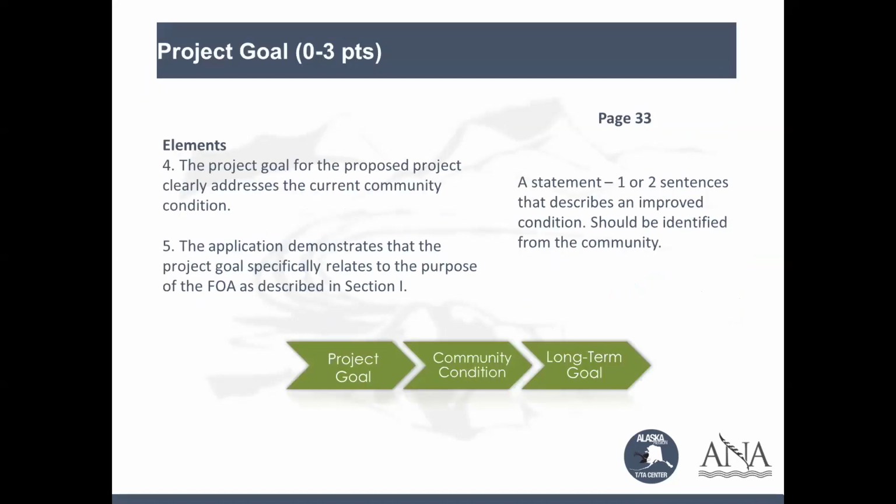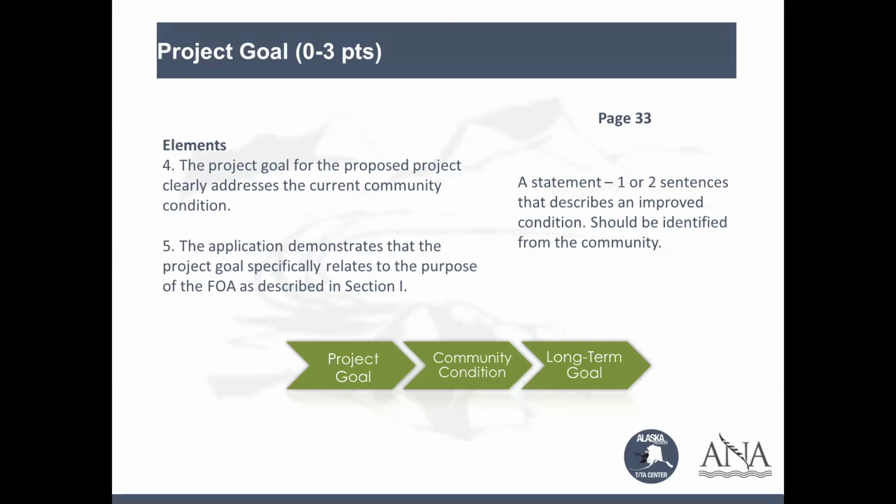The project goal subcriteria is worth 3 points, and there are 2 elements to address. That the goal addresses the current community condition, and then how this goal demonstrates that your project is going to relate to the particular funding opportunity that you are applying under.